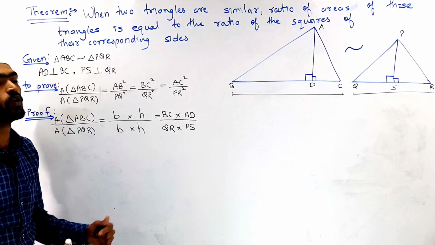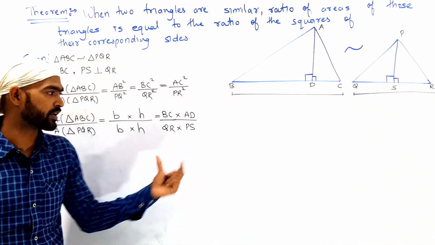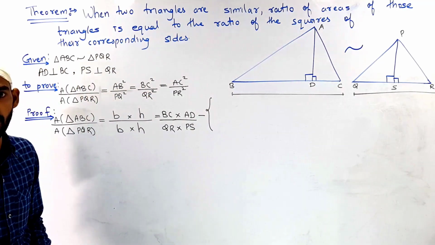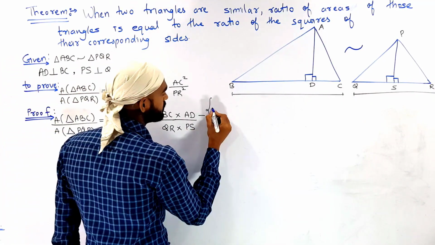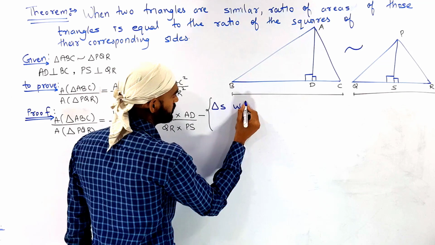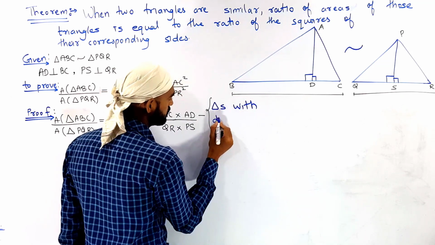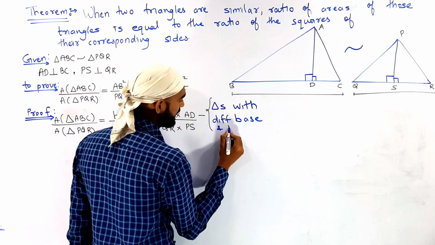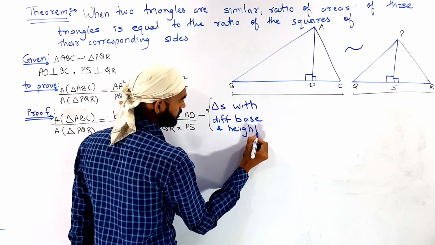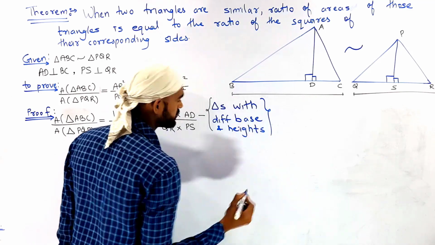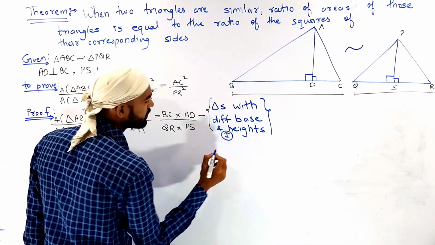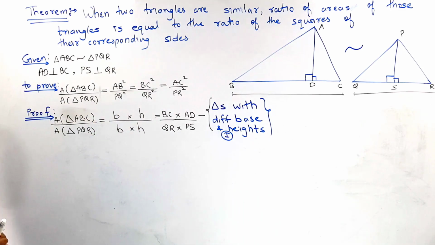Which method have we applied? We have used the first property of similarity: triangles with different base and height. This property we have used here, and this will be our first equation, equation number 1.